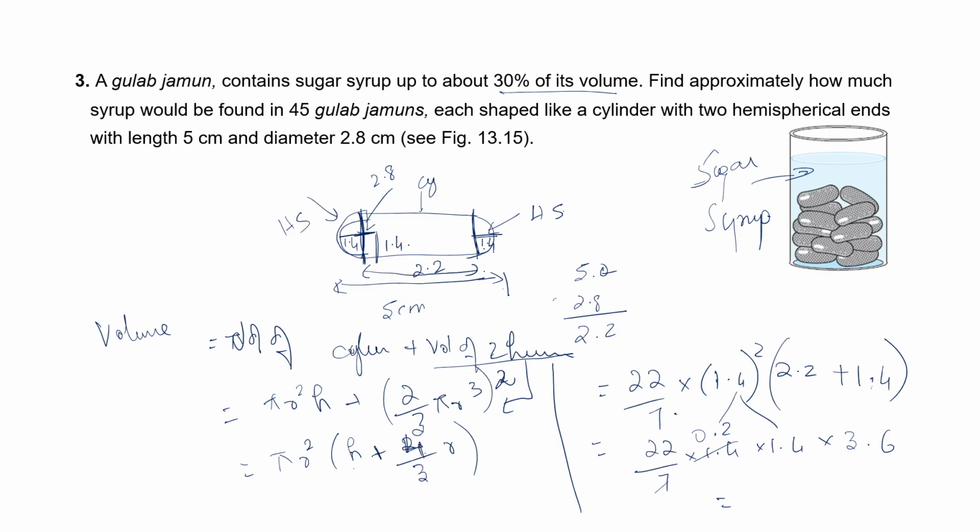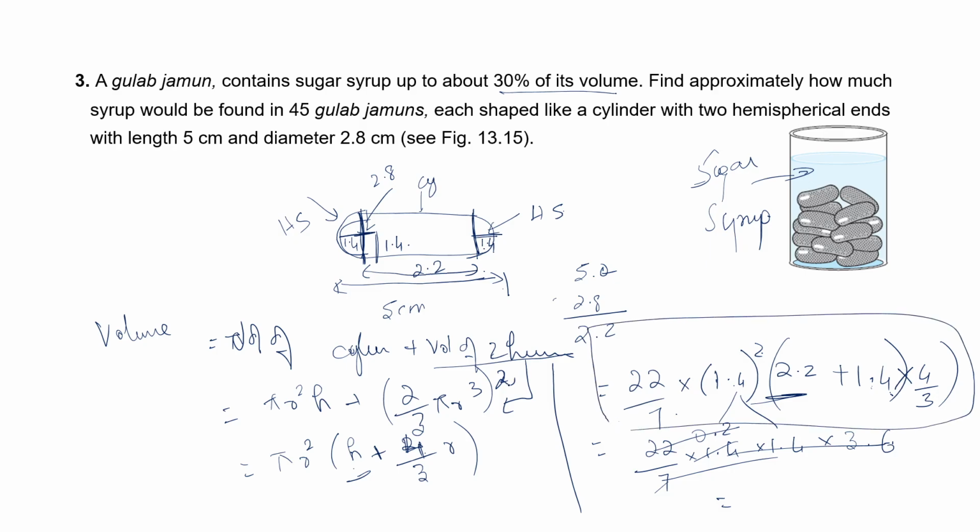So 22 by 7 into r square into h is 2.2, and this 1.4 is r, and after that we will have this 4 by 3 also. Please cancel the previous step. So this is correct. What I left out in the previous one is that two hemispheres we have to take, so I have added one more 2, so this will become 4 by 3.